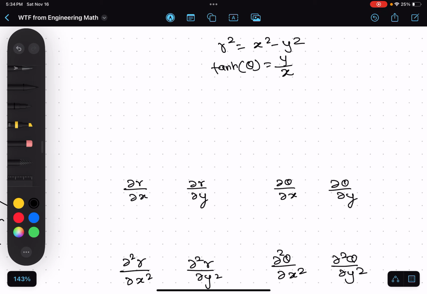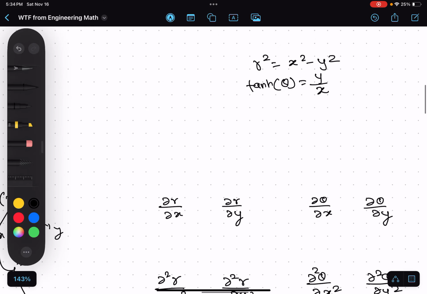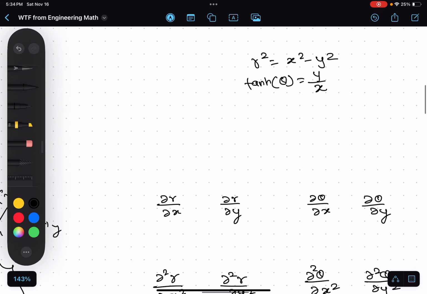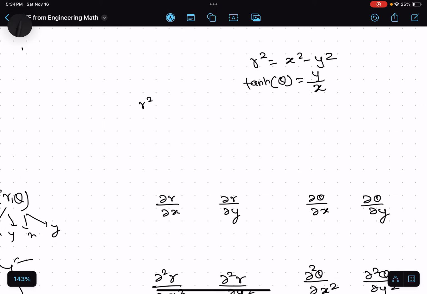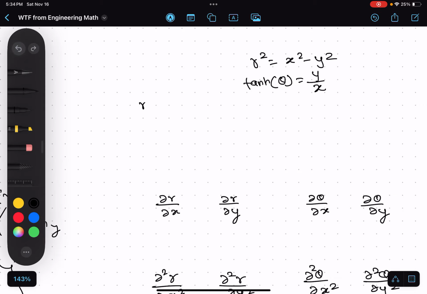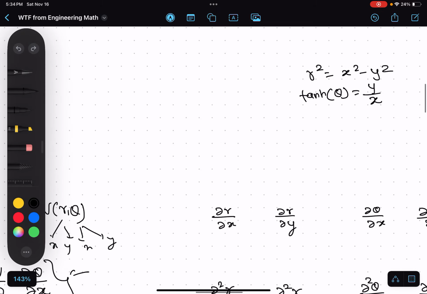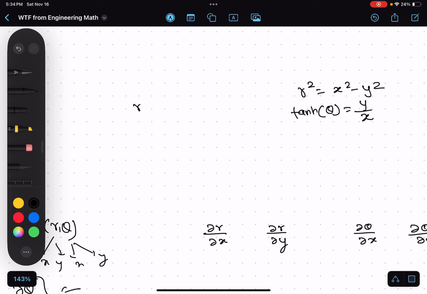Are you ready? Okay. So first of all, let's try to find this for r. We have r square is equal to x square plus y square, right?